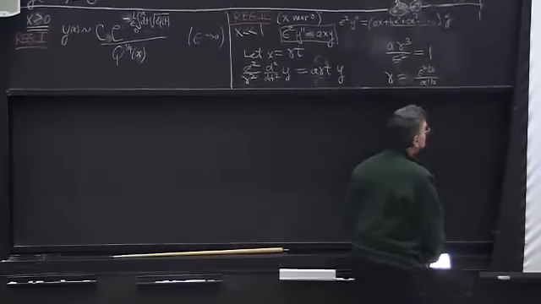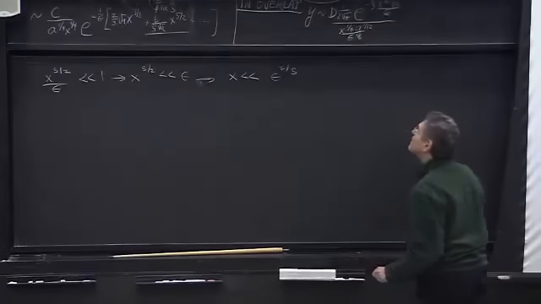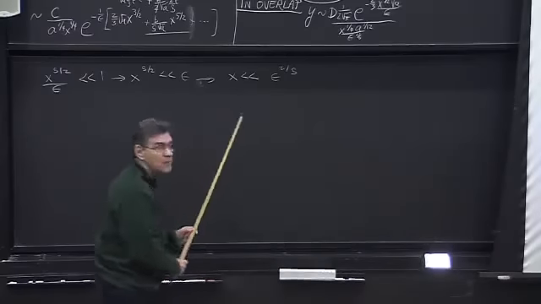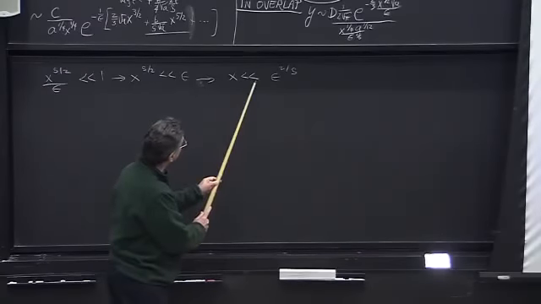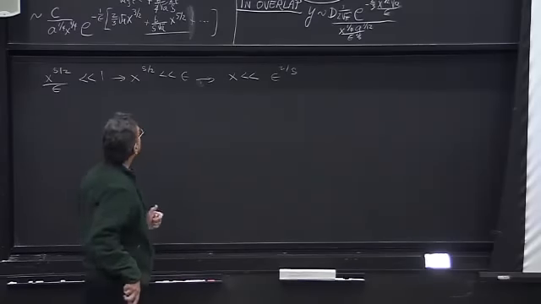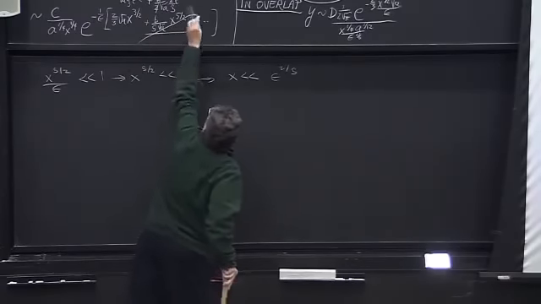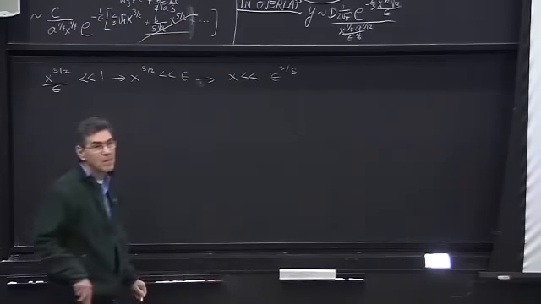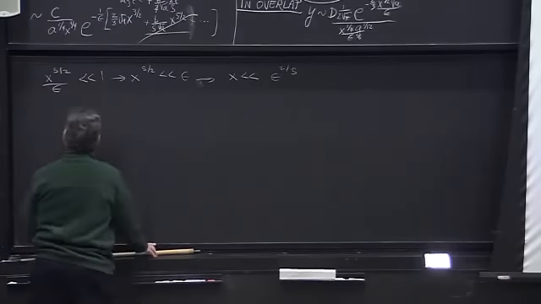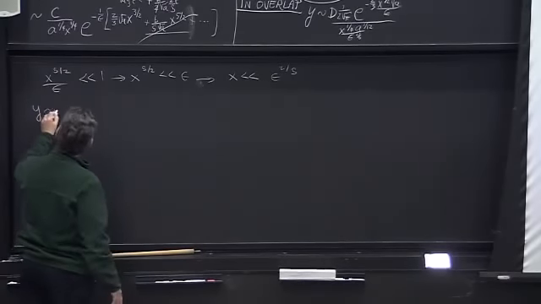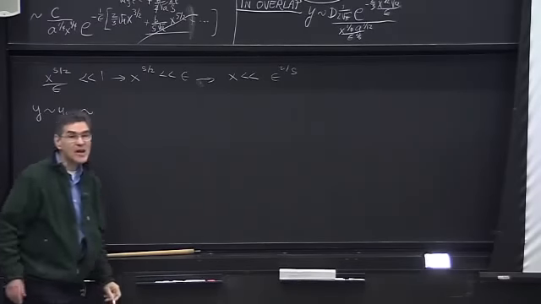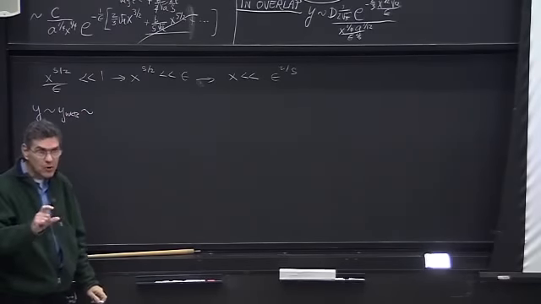But if we assume that's the case, if x is small compared with epsilon to the 2/5, what can we say? We can say that this term can be thrown away. And that means that y WKB is asymptotic to a much simpler approximation.